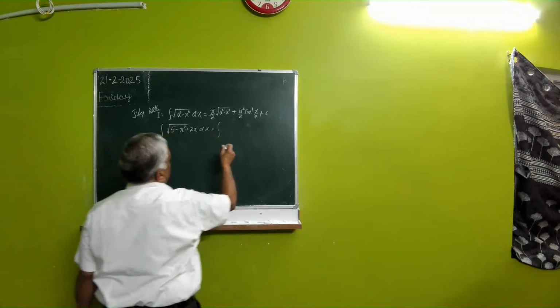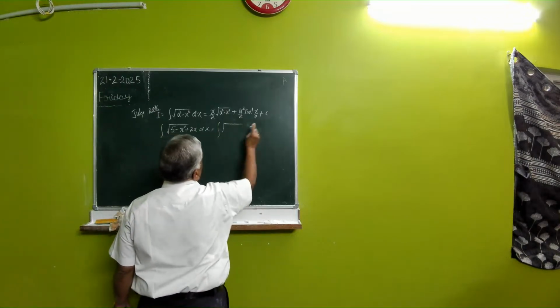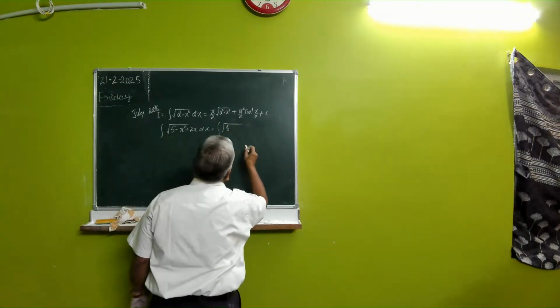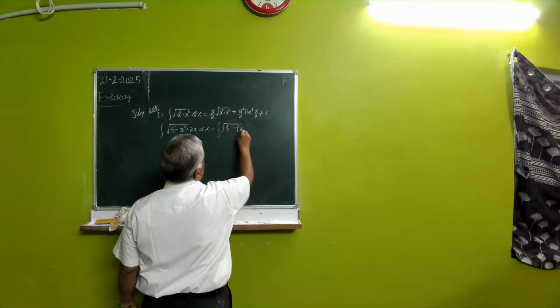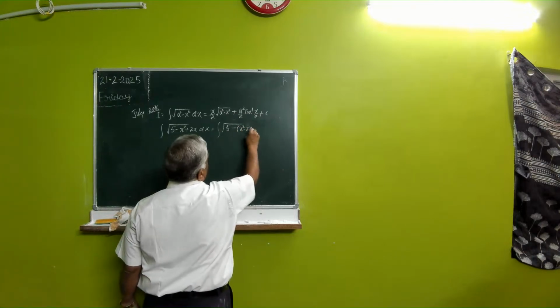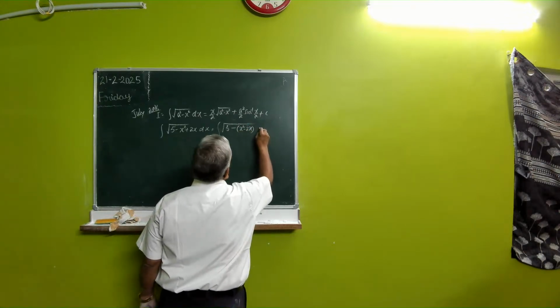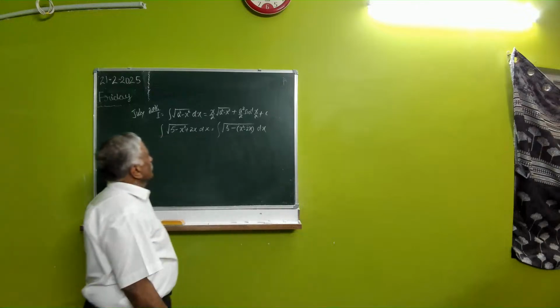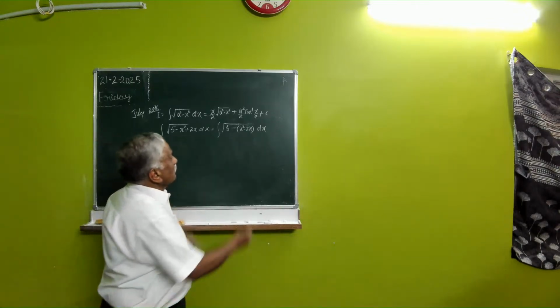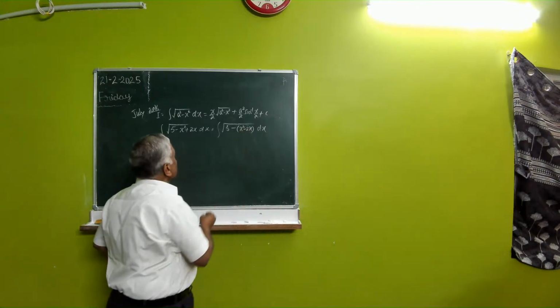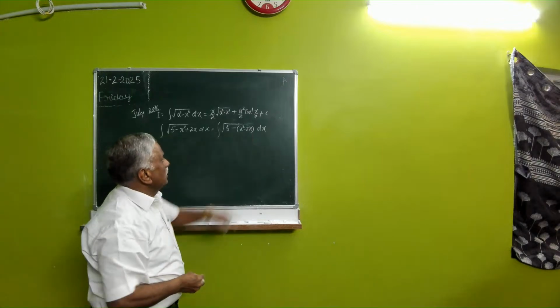You write this as root of 5 minus x square minus 2x dx. Because when I take my x square common, I should write minus 2x. When I simplify, I'll get plus 2x.